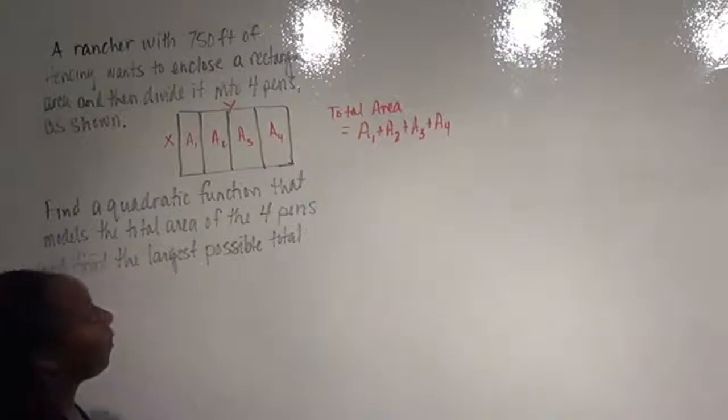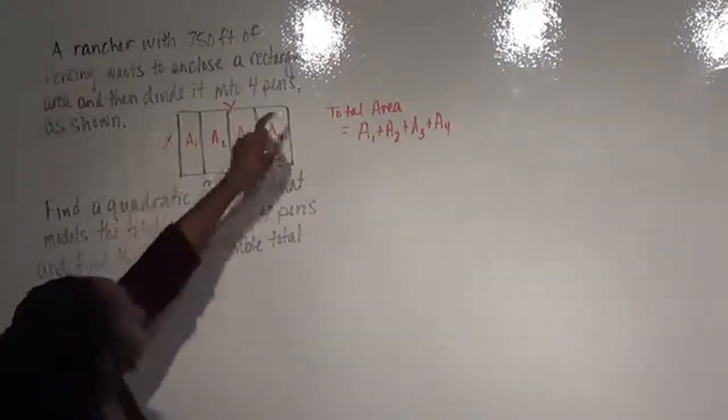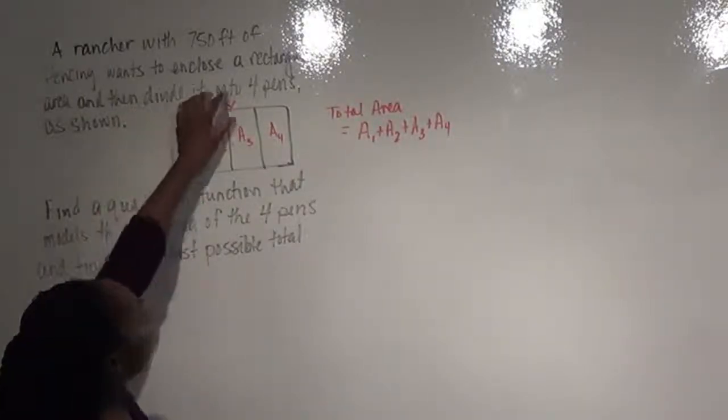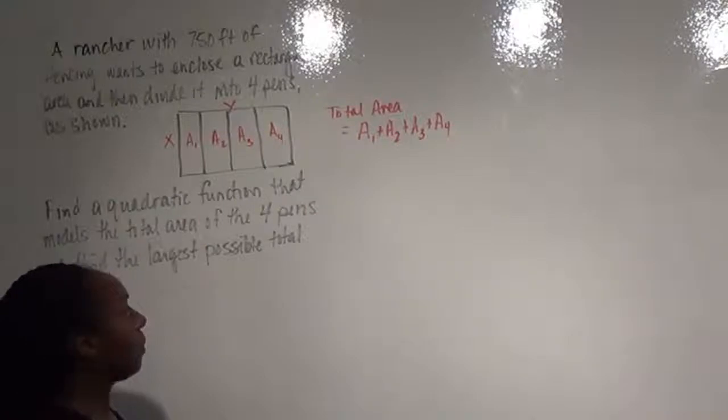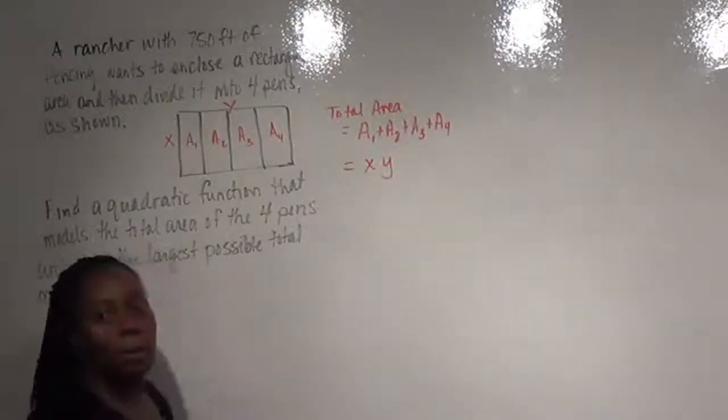Okay? So if I'm looking at the sum of those, it's the same as if I looked at the whole thing. And so if I label my x this way and my y as the entire width, then I know my total area is just x times y.